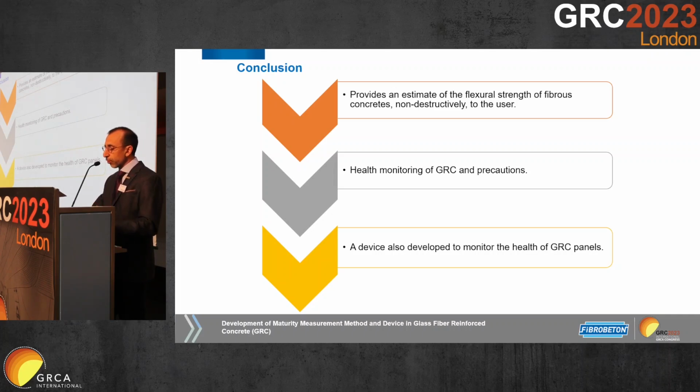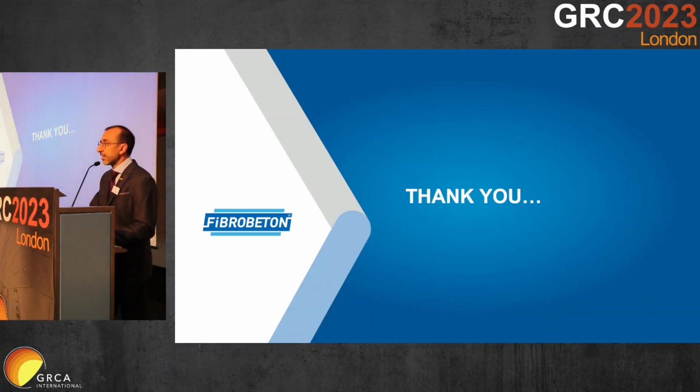According to this follow-up, the necessary precautions can be taken immediately. And also, based on these proposed equations, a device is developed to monitor the health of the GRC panels. And thank you for listening.